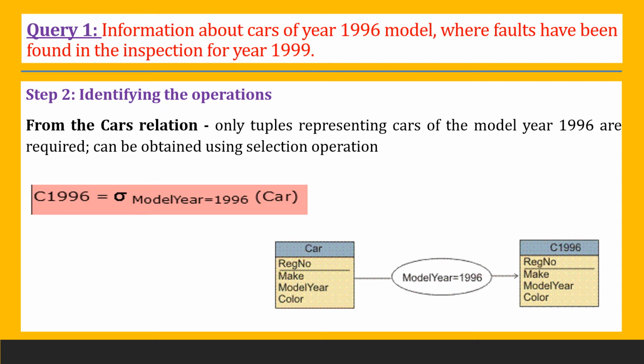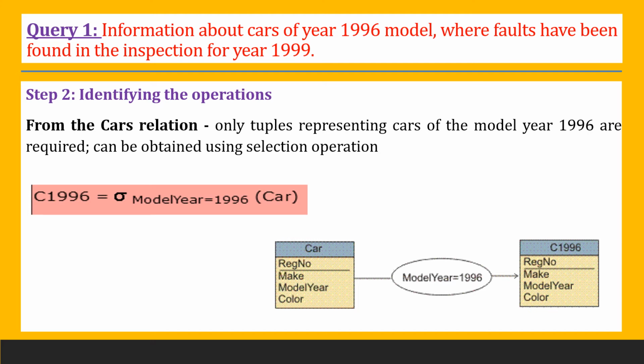The value of the model year should be 1996. So the expression can be given as sigma model year equal to 1996 on the table car, and we are going to store that result into a table called C1996. So from the car relation, we selected those tuples that represent the cars of the model year 1996.